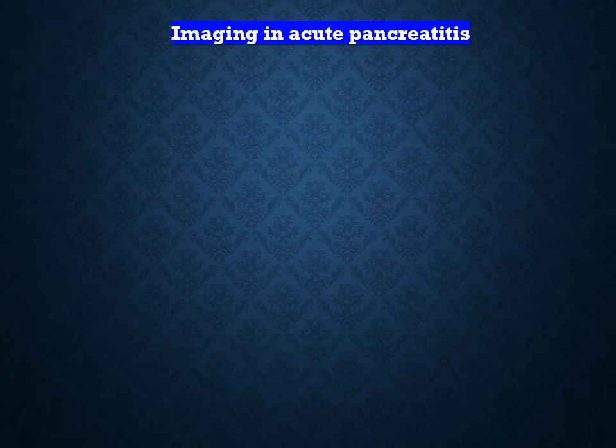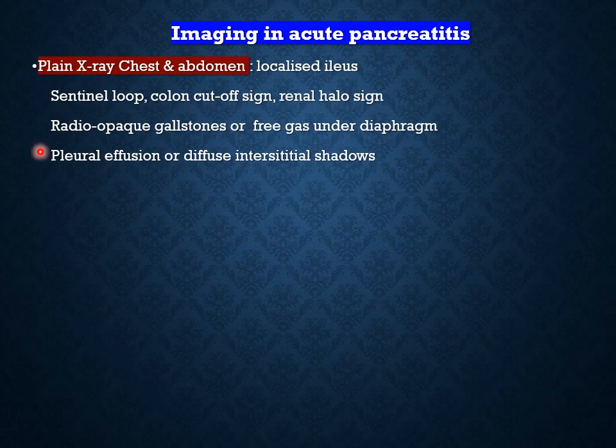What about the imaging in acute pancreatitis? Plain X-ray of the abdomen and chest can be done. You can detect localized ileus, and there are some classical signs that can be seen: sentinel loop, colon cutoff sign, and renal halo sign, radio-opaque gallstones or free gas under the diaphragm, pleural effusion, or interstitial shadows.